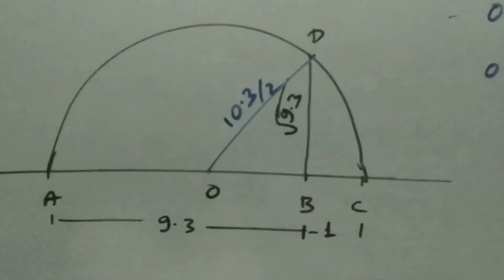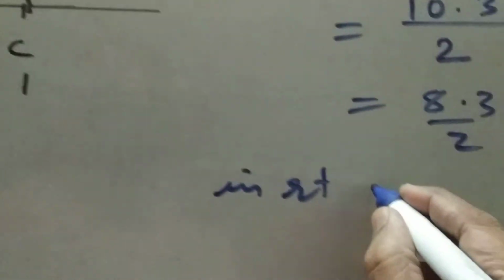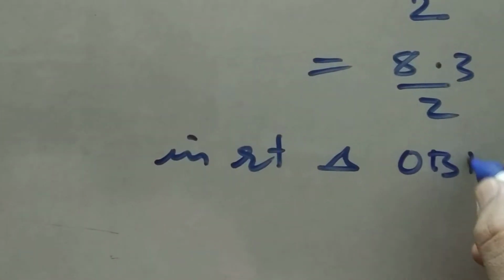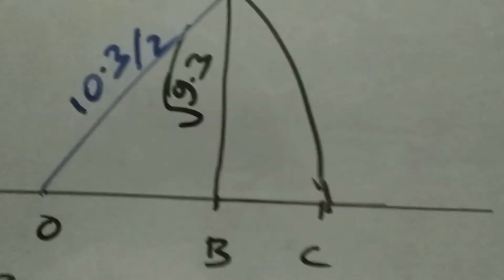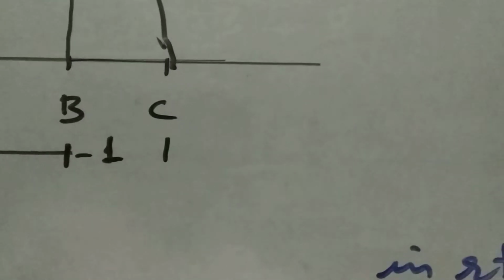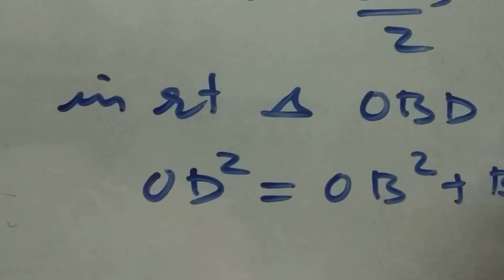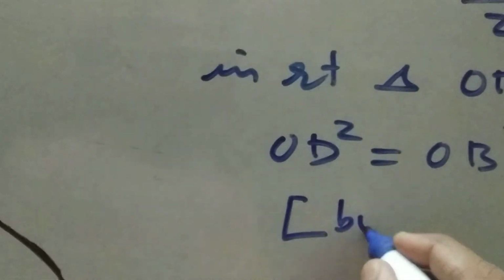Now this is a right angle triangle. Now in right triangle OBD, OD square is equal to OB square plus BD square, by Pythagoras theorem.